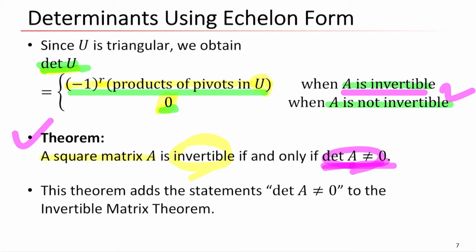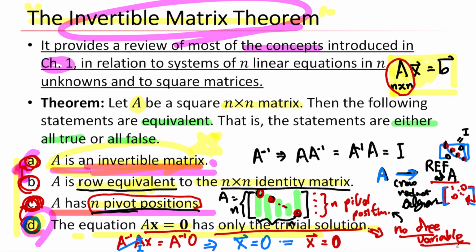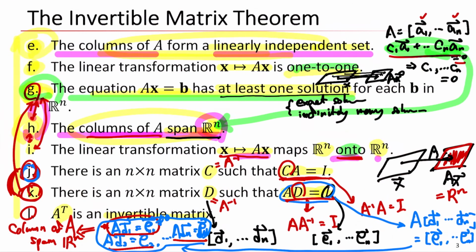Okay, so this is the theorem. Actually, this theorem adds the statement determinant A is not equal to 0 to the invertible matrix theorem. So if the determinant of matrix A is not equal to 0, then we can say that this matrix has this kind of property. It's amazing, isn't it?